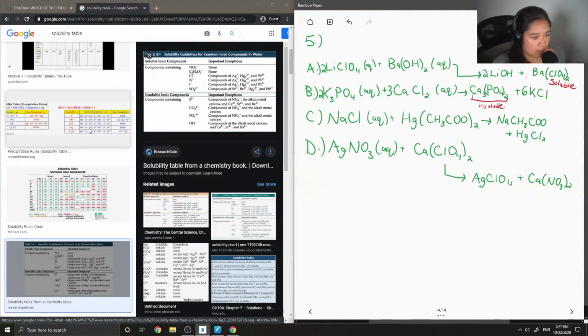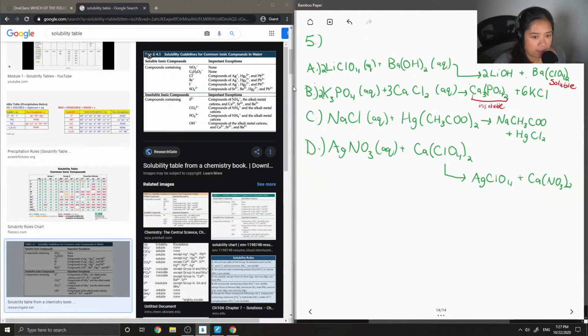And then let's look at C. We have sodium with an acetate, which is soluble. But then we have mercury with chlorine. So chlorine is usually soluble, except when it is with silver, mercury, or lead. So this is insoluble and will form a precipitate.